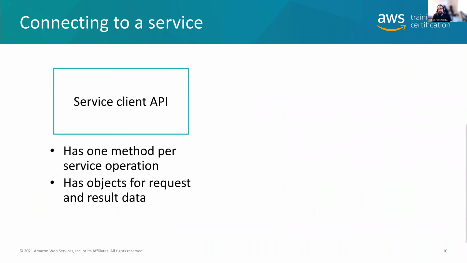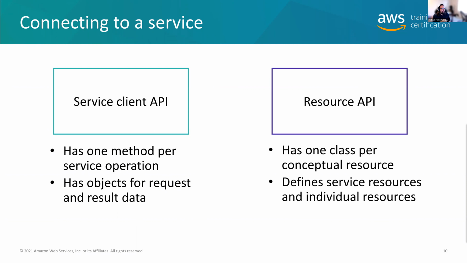Here's the thing also that you need to know. If you are connecting to like the API, there's a couple of different options. So you can connect to the service using the service client API, or you can use the resource API. Actually, let me put both of those on there.